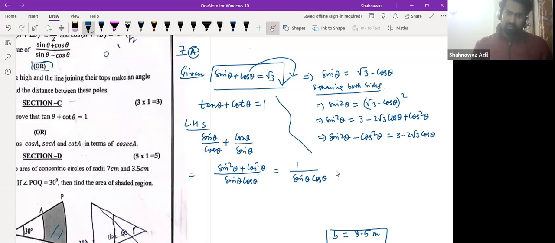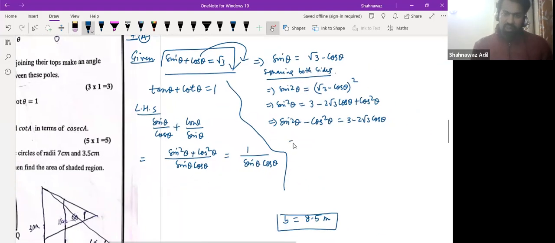So you see that all these things are in cos theta, so we can write sine square theta in the form of cos theta. I will directly write this as 1 minus cos square theta minus cos square theta, and this is 3 minus 2 root 3 cos theta.